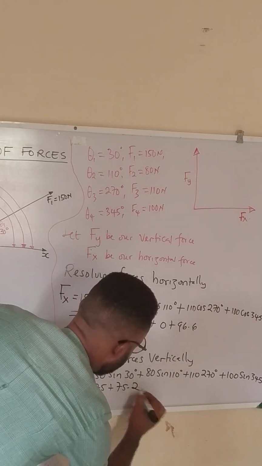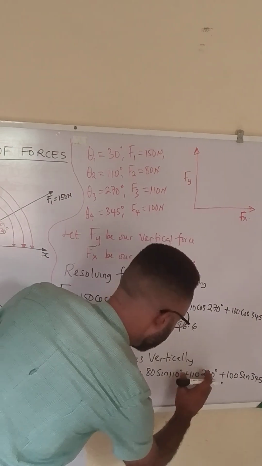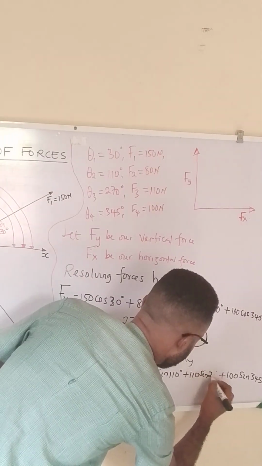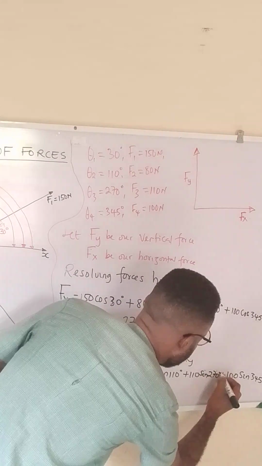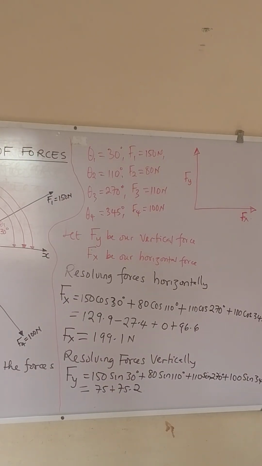And then sine 270 degrees, when you find sine 270, it's going to give you minus 1.